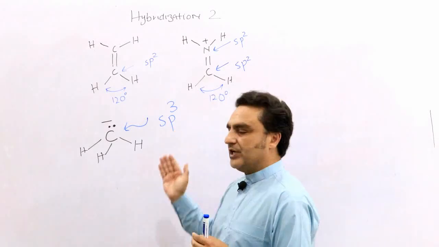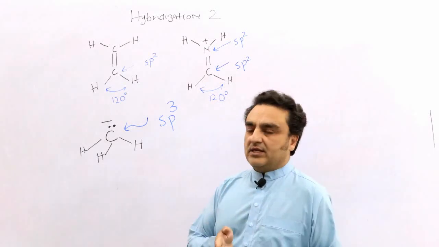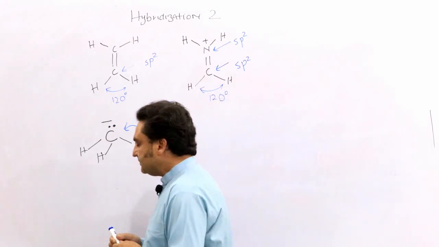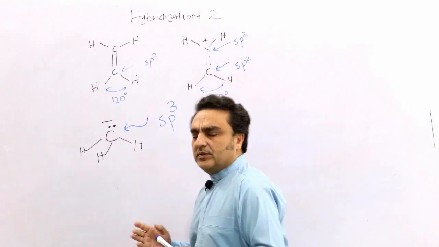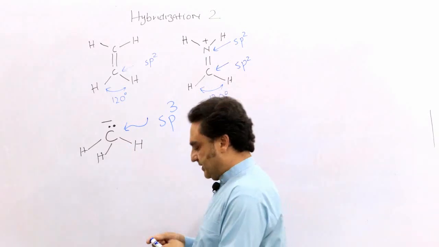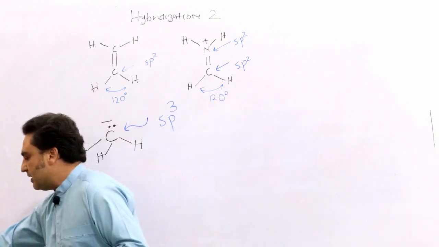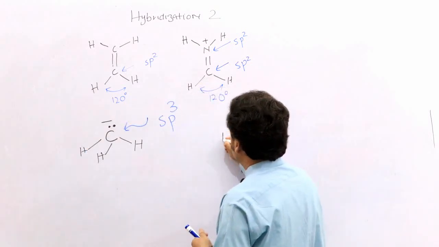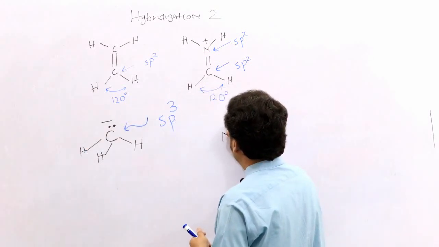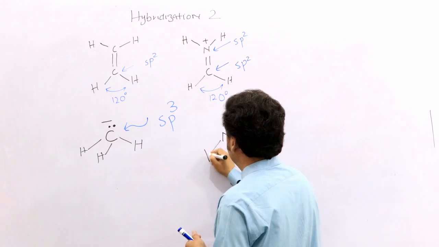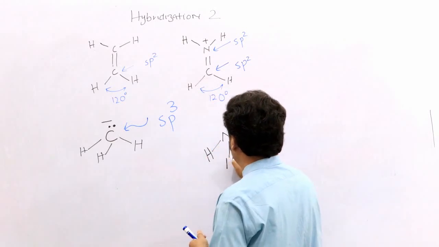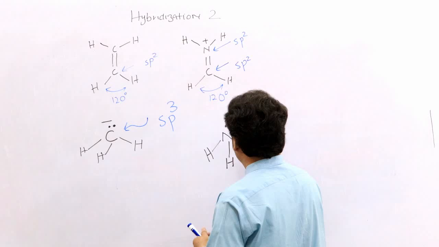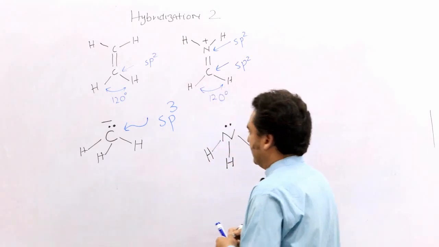So all the sp3 hybridized orbitals are utilized. And this molecule is quite similar to the nitrogen molecule, or amine, sorry, this is called ammonia, the NH3 molecule. These two molecules are quite similar.